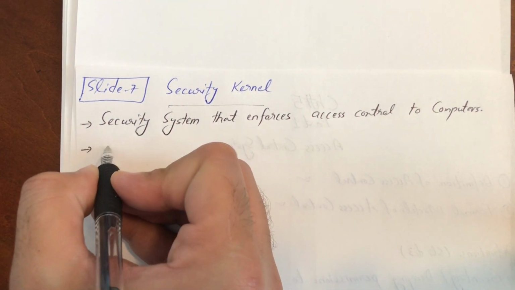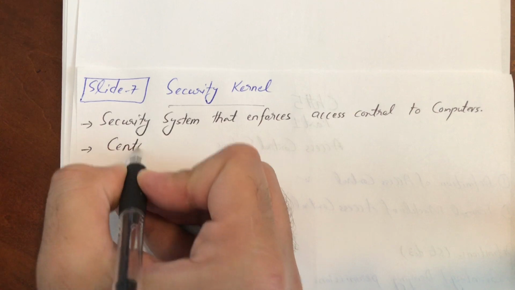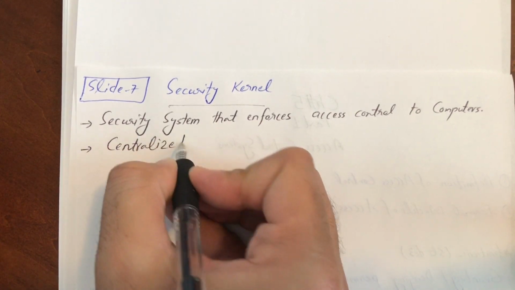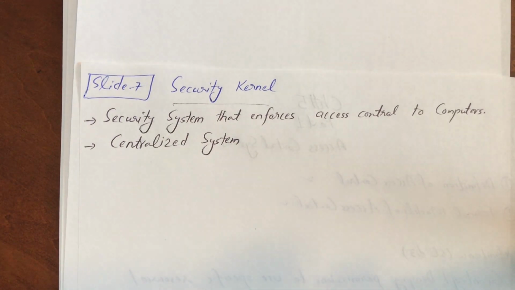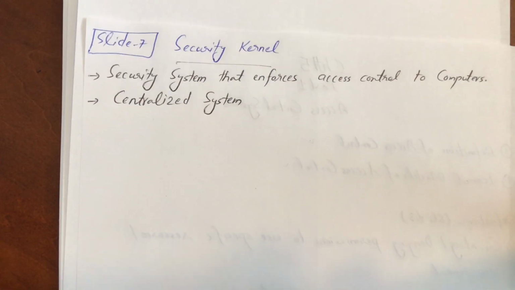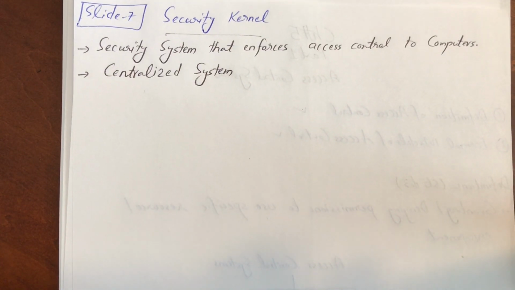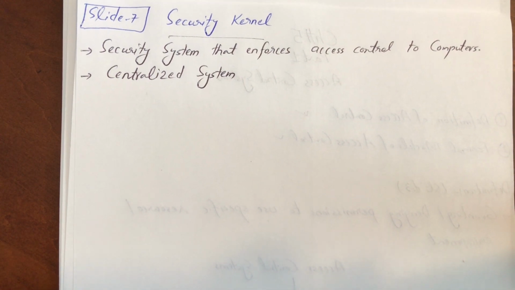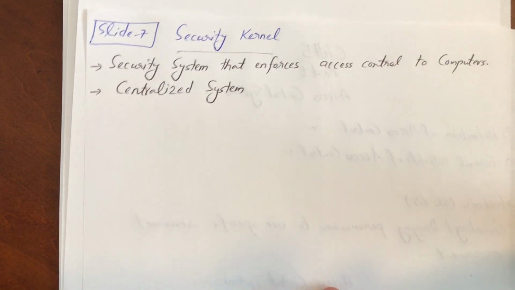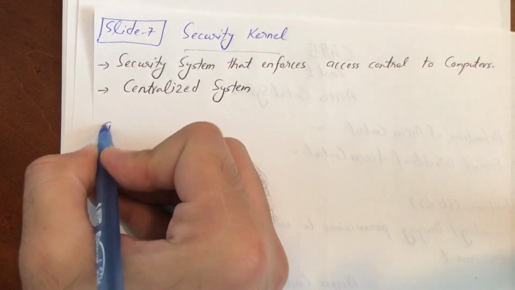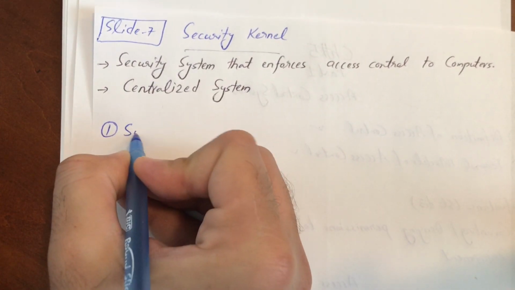And please remember, it's a centralized system. Usually the security kernel is a centralized system where we have all the database, access control, and authentication information together. Let me give you an example so you can better understand security kernel. Before we discuss it, there are two main things you need to know. First is subject.